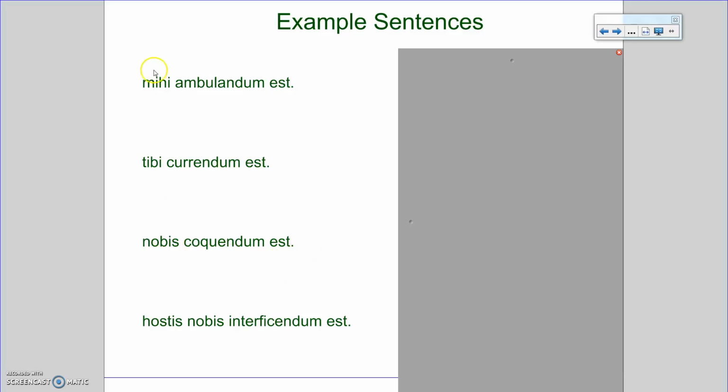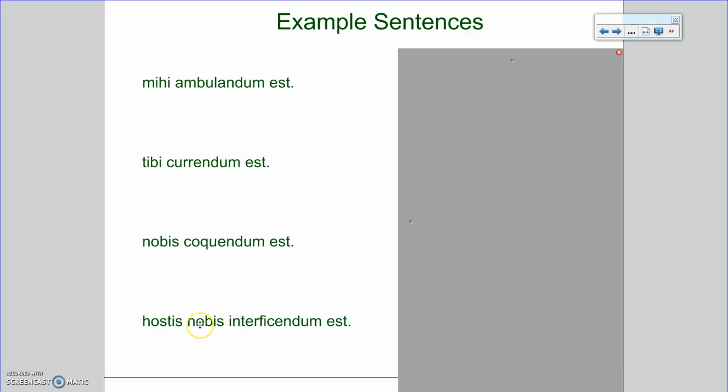We also see that the subject, the first word of each sentence, mihi, tibi, nobis, and another nobis over here, those are all in the dative case. Now this might take a little bit of time to get used to, but once you identify the ndum and the form of the verb to be, you're always going to look for that subject in the dative case.